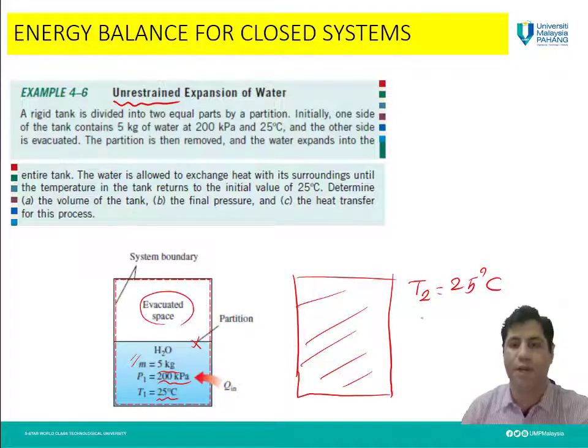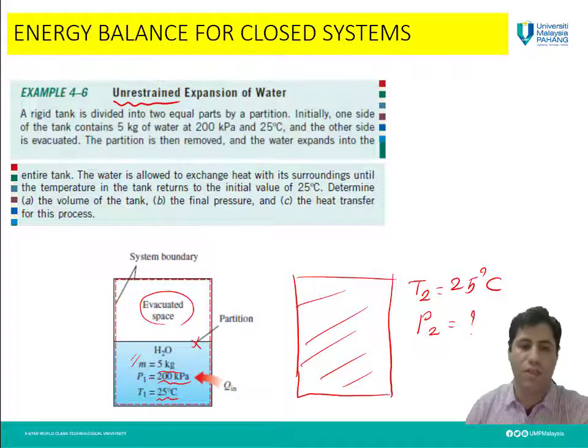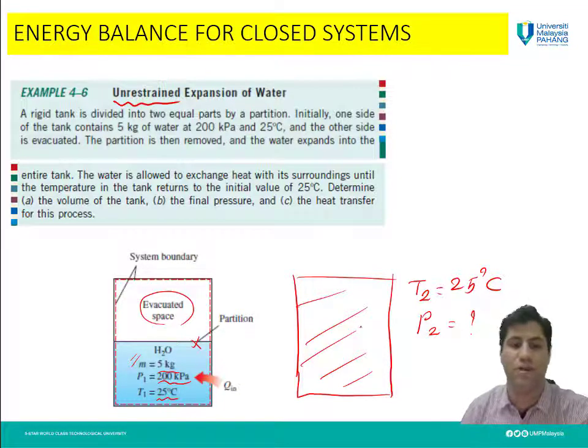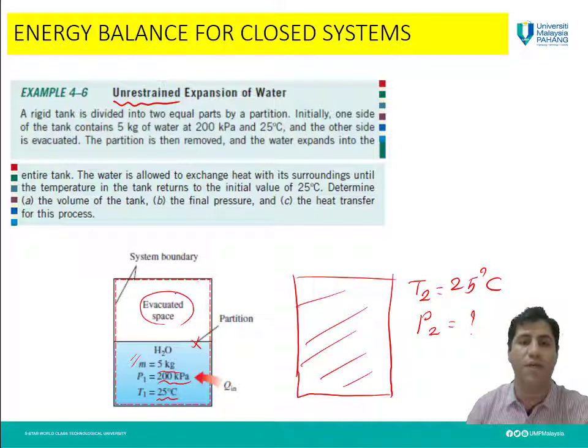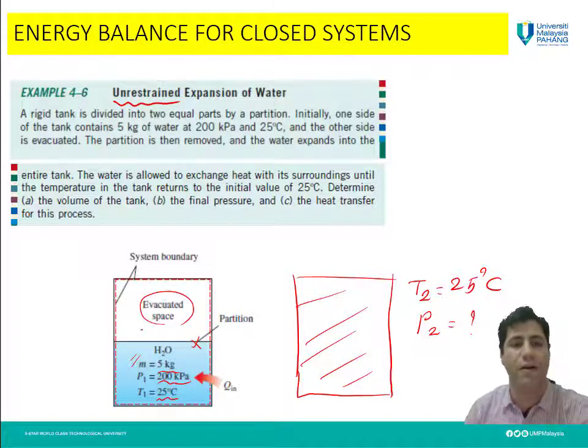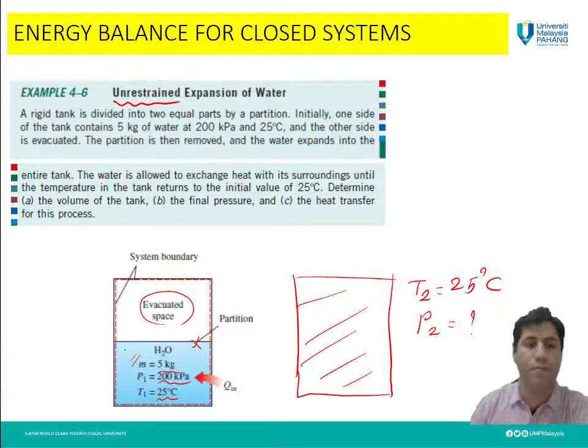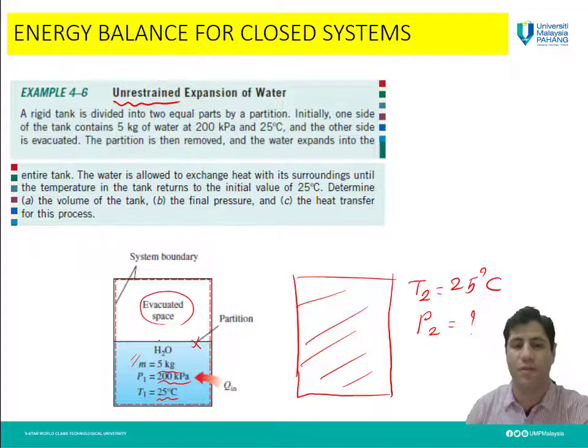How about pressure? We don't know. We know its initial pressure, but when we remove this, the pressure will change for sure. And also we have heat transfer between this tank and surrounding.